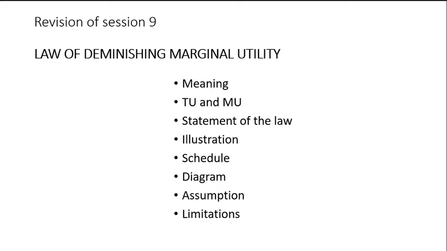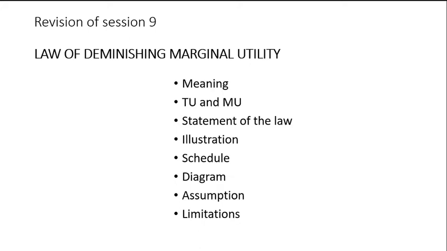Total utility is the total sum of the utility derived from commodities A, B, C, etc. So up to the nth unit, what we have consumed in total is total utility. Marginal means additional utility.